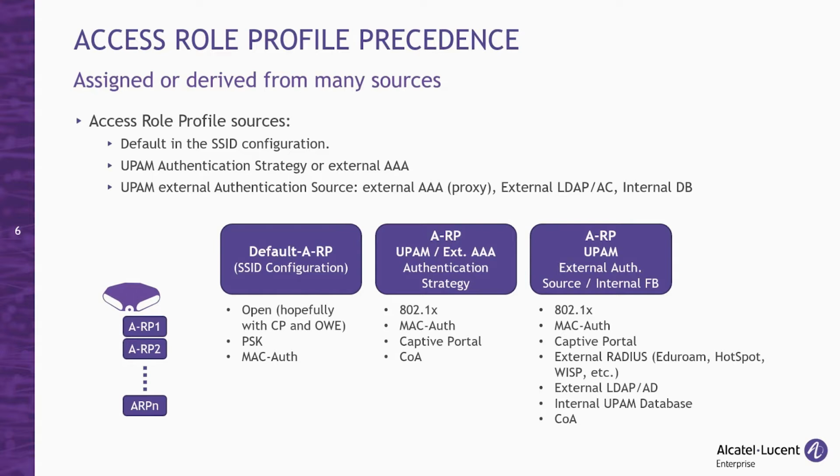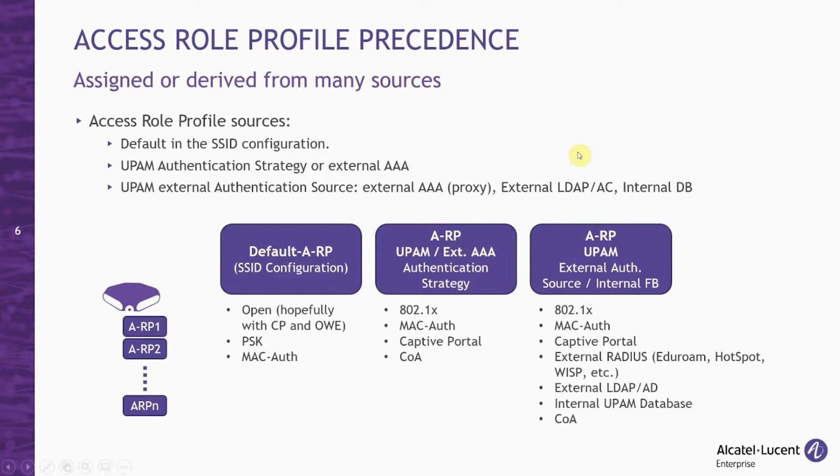Here I'm illustrating the order of precedence of how access role profiles can be dynamically or manually assigned. The lowest precedence is the default via a pre-shared key or MAC authentication. The mid-level precedence is using an authentication strategy via 802.1x, MAC authentication, captive portal, or RADIUS change of authorization protocol.